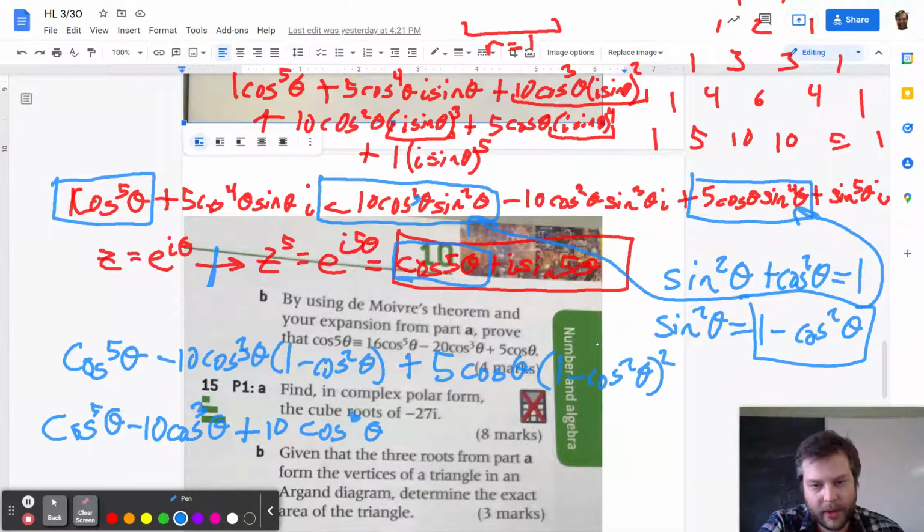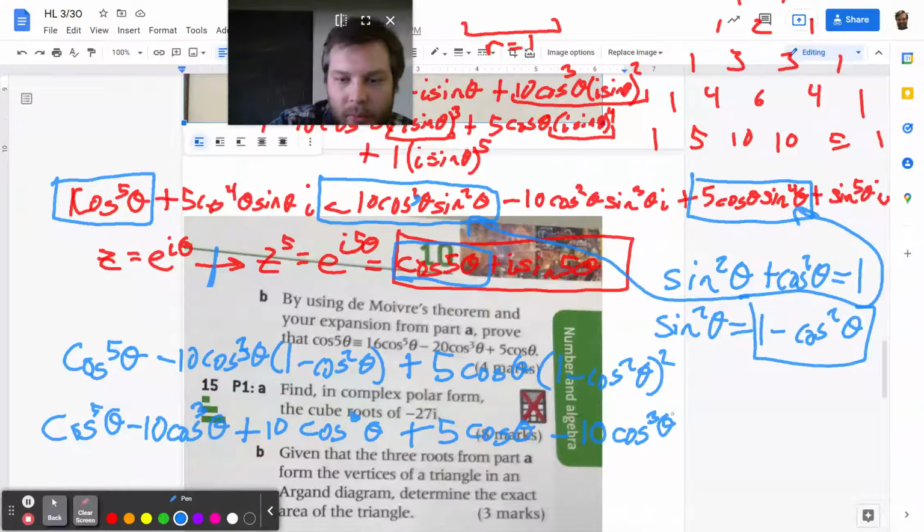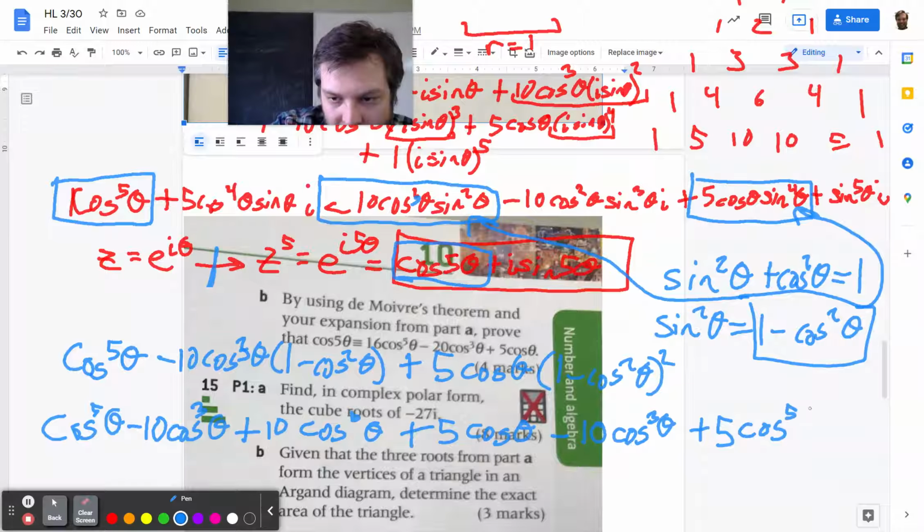And then if we square this out and distribute, we have plus 5 cosine theta, and then we'll have negative 2 cosine squared theta, negative 2 cosine squared theta, so that would be minus another 10 cosine cubed theta, and then we have cosine to the 4th theta, so plus another 5 cosine to the 5th theta.